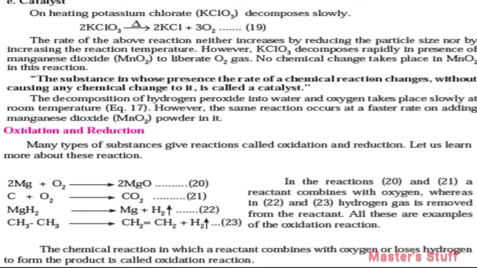Oxidation and reduction. Many types of substances give reactions called oxidation and reduction. Let us learn more about these from the following reactions. First, 2 Mg plus O2 gives 2 MgO.